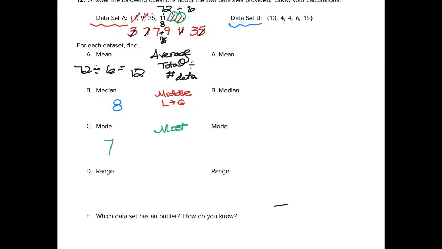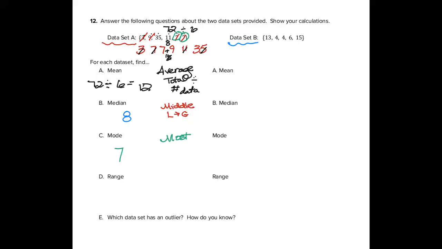And finally, range. Home on the range. What is my range? Not 35. For the range, yes, 32.